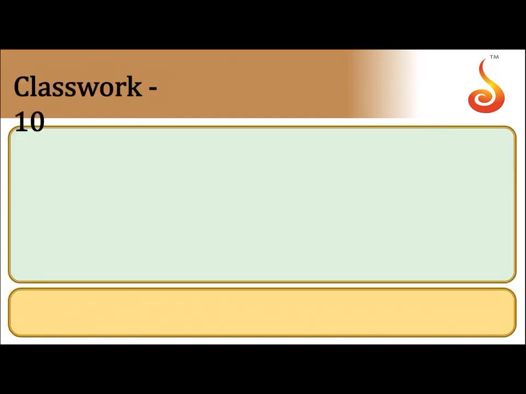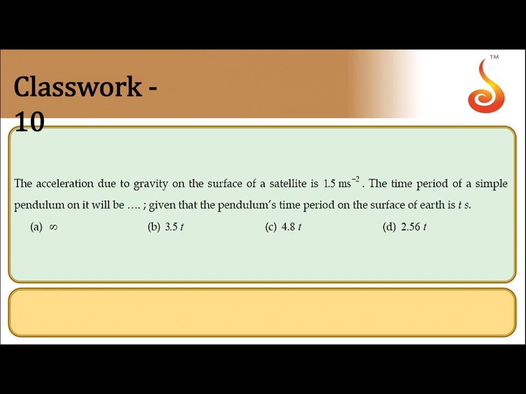Okay, let us move on to next one. The acceleration due to gravity on the surface of a satellite is 1.5 meter per second square. Time period of simple pendulum on it will be dash. Given simple pendulum's time period on surface of Earth is t seconds.